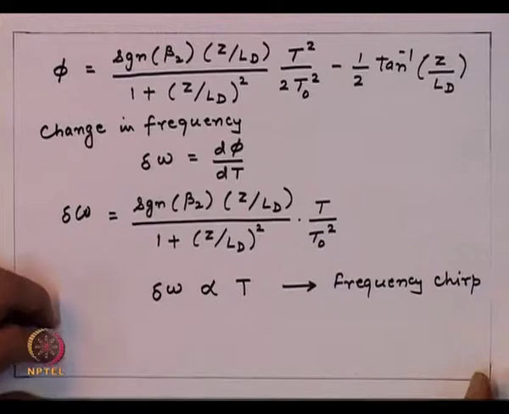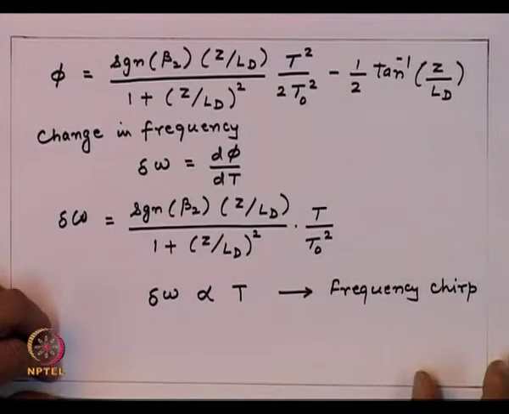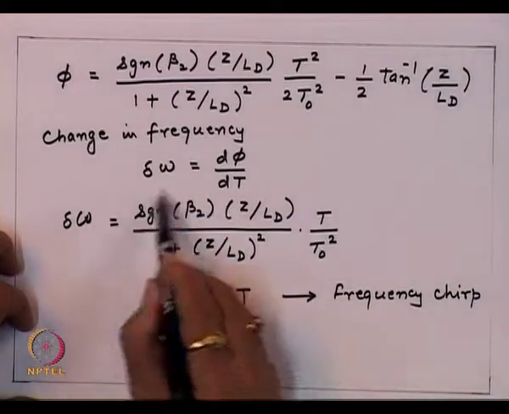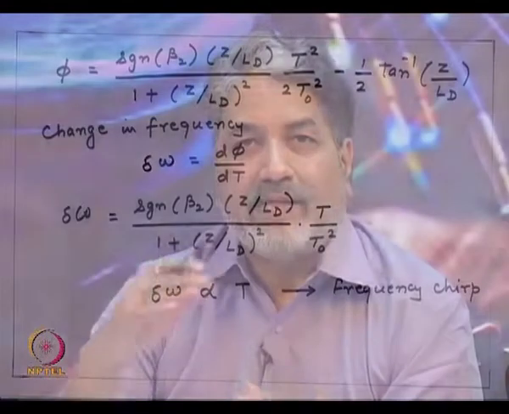So, now since the frequency is changing linearly as a function of time, and not only that, the change in frequency depends upon the sign of this beta 2. And as we know, the optical fiber has a characteristic that it has an inflection point.